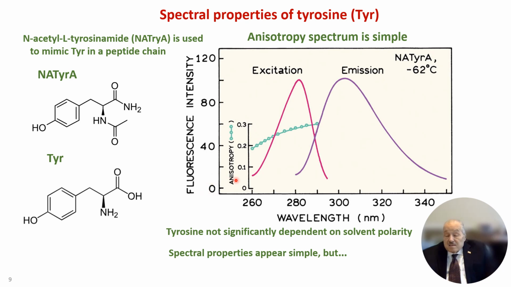Tyrosine has very simple properties. First of all, the excitation anisotropy spectrum is simple. We'll see in a moment how complicated it is for tryptophan. But compared to tryptophan, it's a simple anisotropy spectrum resulting mostly from one transition.